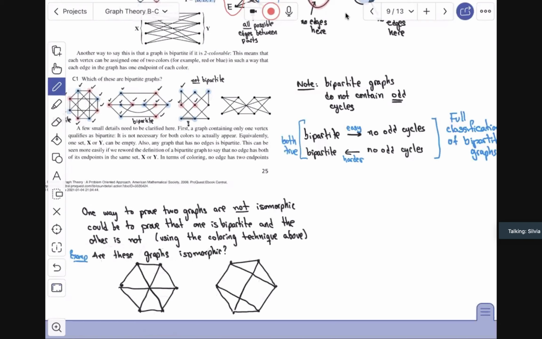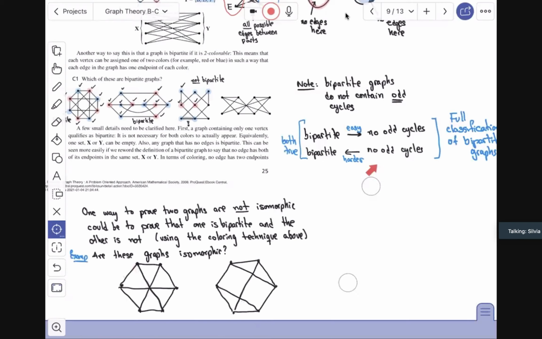We usually check, like, this one has 6 vertices, this one has 6 vertices, so therefore it's possible. That doesn't mean that they are isomorphic, but it's possible. And then this one has 6 plus 3, 9 edges, 6 plus 3, 9 edges, so they have the same number of edges. Let's look at the degrees. That's 3 for each vertex, 3 for each vertex. So they actually have the same degree sequence. So they still might be isomorphic.